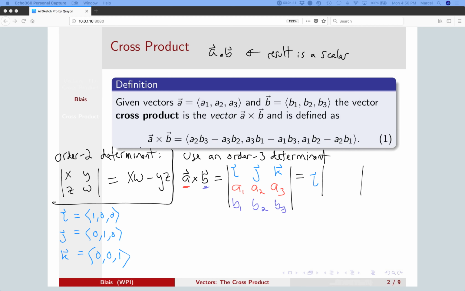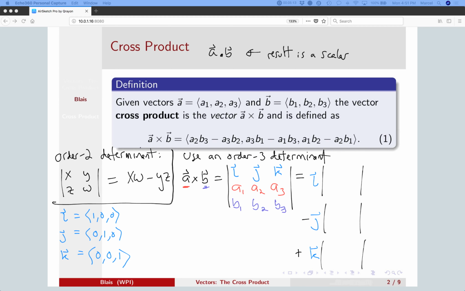Then we're going to have minus J multiplied by a 2 by 2. And then plus K multiplied by a 2 by 2. So what's happening is the entries in the top row are each getting their own 2 by 2 over here. And the signs have to go plus, minus, plus.